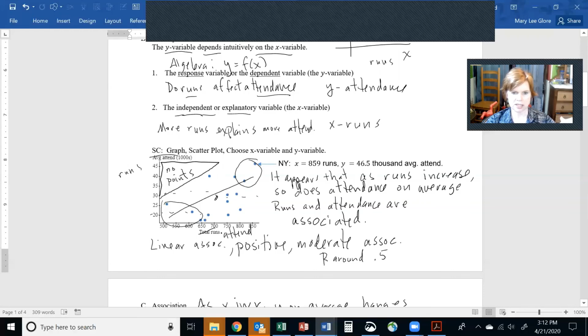What could affect attendance and what could affect runs? Money might be a lurking variable. Maybe I get more money, I get better players, I get better advertising, so I'm getting more attendance and more runs. That's one possible lurking variable, but I don't know. But I cannot say that the runs are causing the attendance or that the attendance is causing the runs. I can never do that.